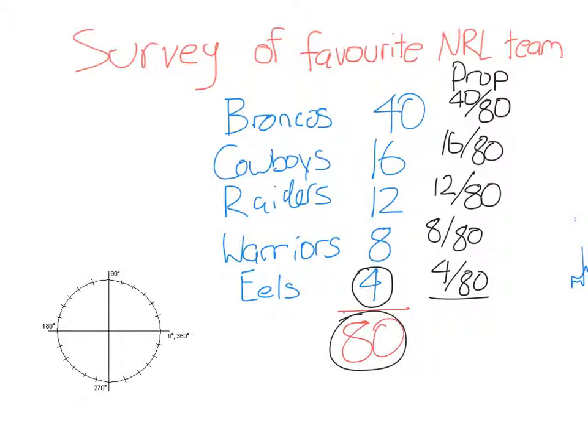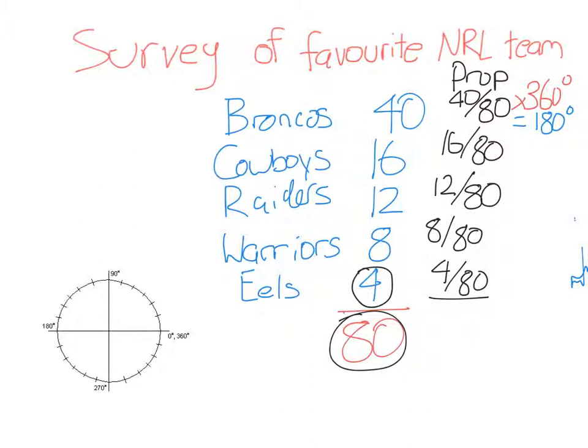And because there's 360 degrees in a circle, I'm going to times that 40 over 80 by 360 degrees. Now, of course, that equals a half of 360, of means times. 40 over 80 times 360 is 180 degrees. What that means is the sector devoted to the Broncos should be 180 degrees.